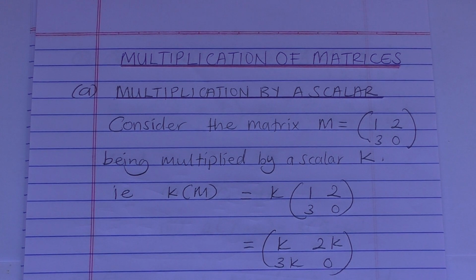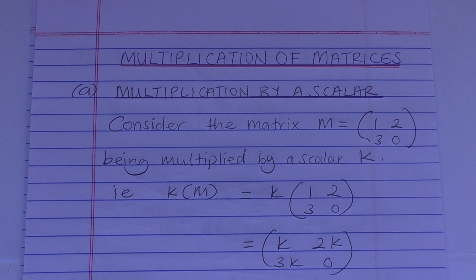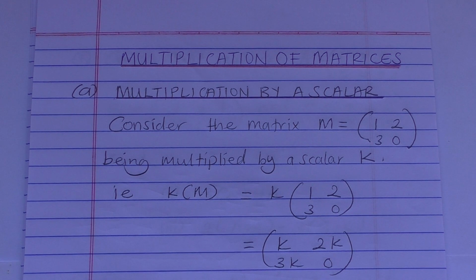So meaning that when multiplying a matrix by a scalar, the scalar multiplies each element of the matrix. Those are important principles or basics that we should always master in order to enjoy mathematics.